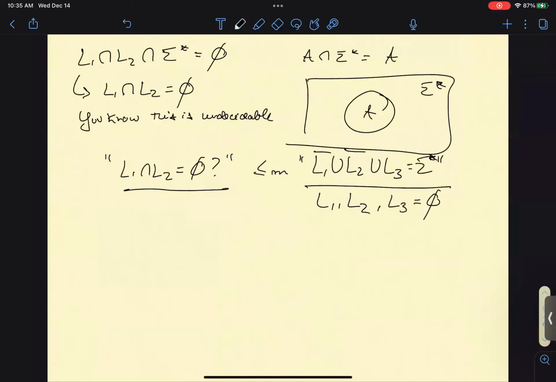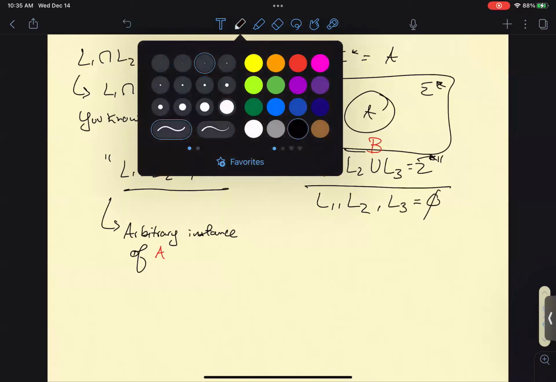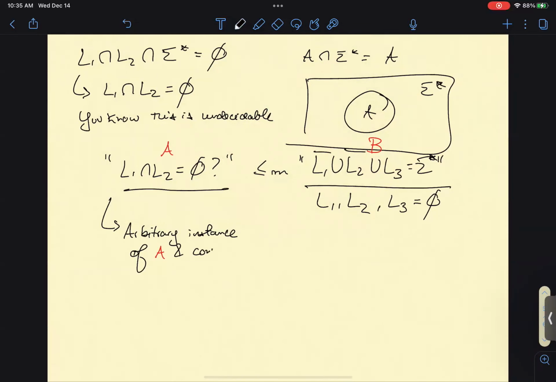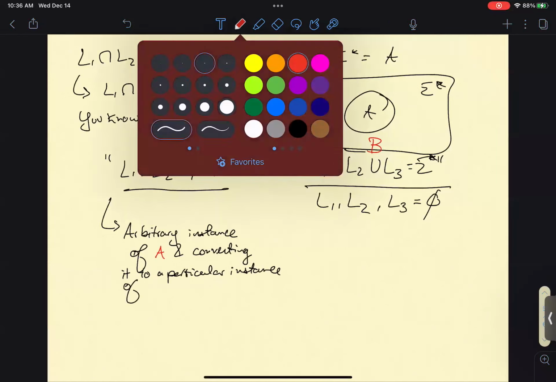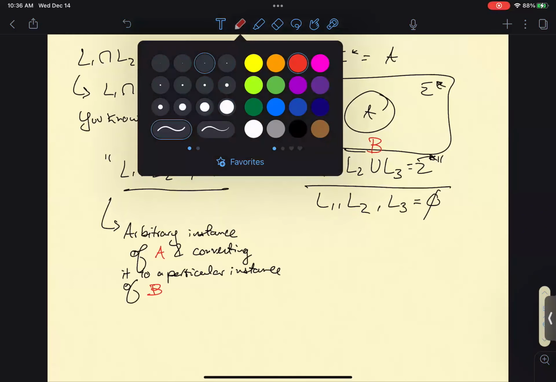Remember what you're doing in a reduction: you're taking an arbitrary instance of A, let's call this A and this B, and converting it to a particular instance of B. That's what I did.